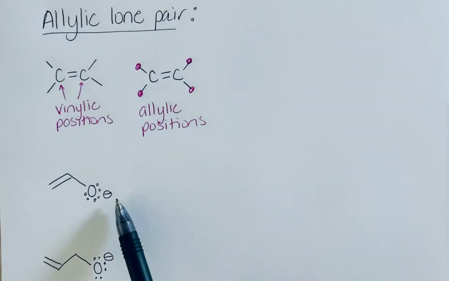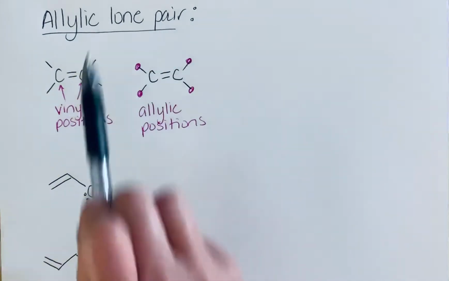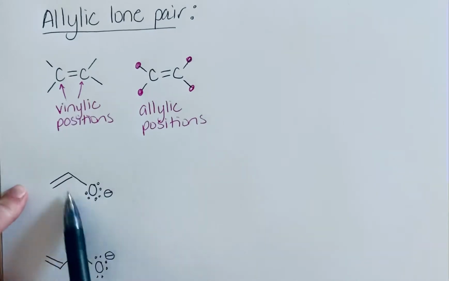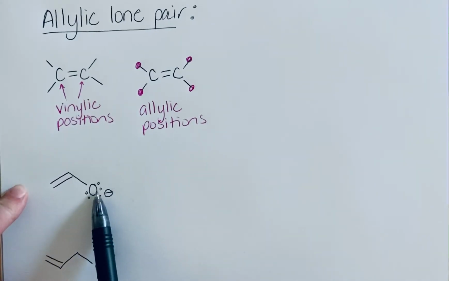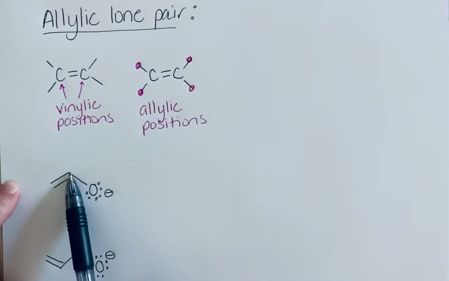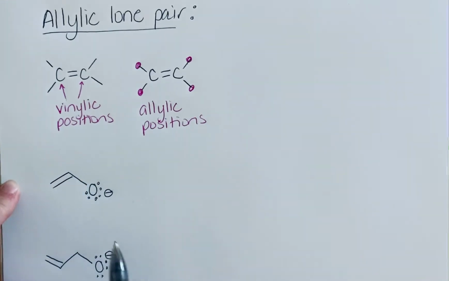So we've got two examples drawn here. We put in lone pairs. This first oxygen with its lone pairs is directly bound to that vinylic carbon. So these are allylic lone pairs.